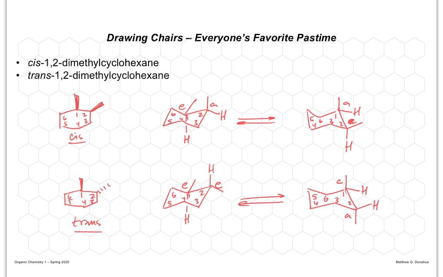In that isomer, comparing the left and the right chairs, the left one would be more stable. Because in the right one, the axial methyl groups are both going to experience 1,3 interactions with the hydrogens.